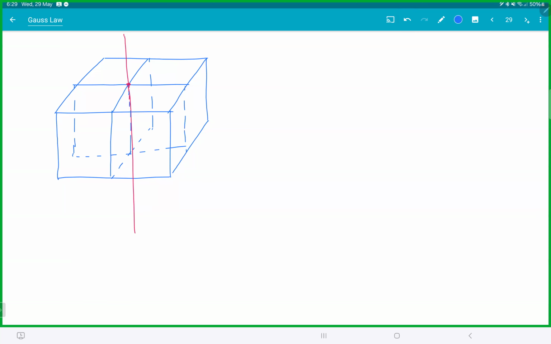Is this making sense? That line charge, if you keep 4 cubes, it is passing through them. So this is the charge inside, which is lambda into L. So lambda into L is the charge inside.